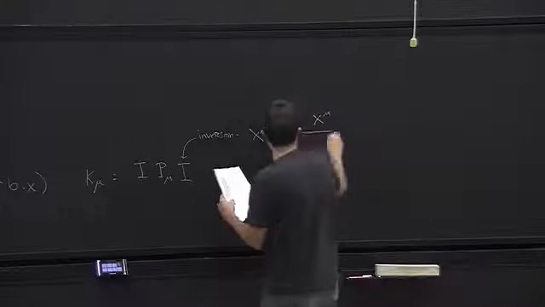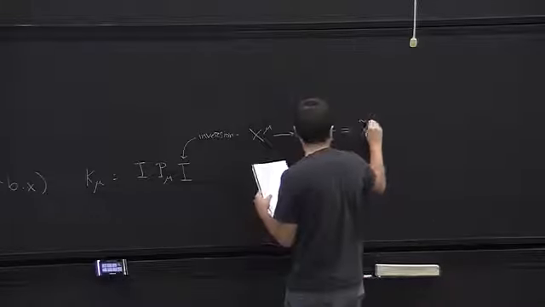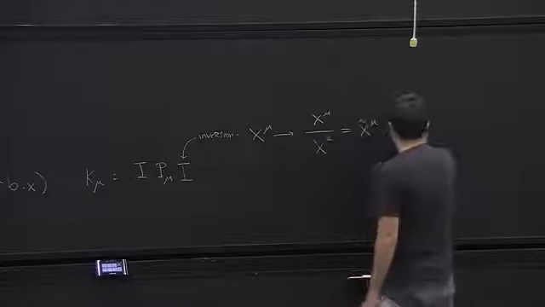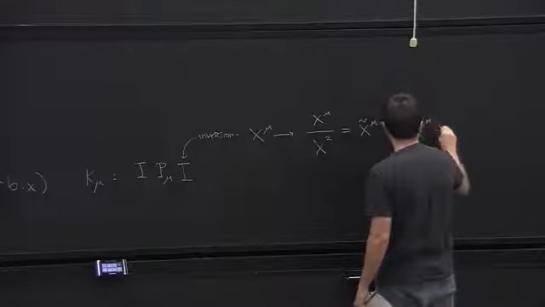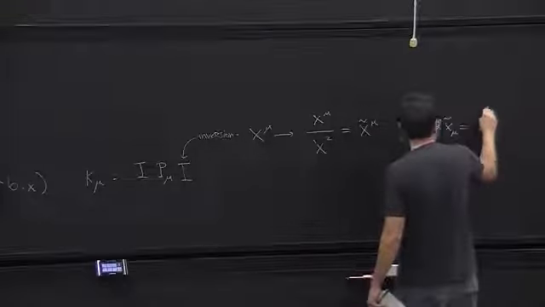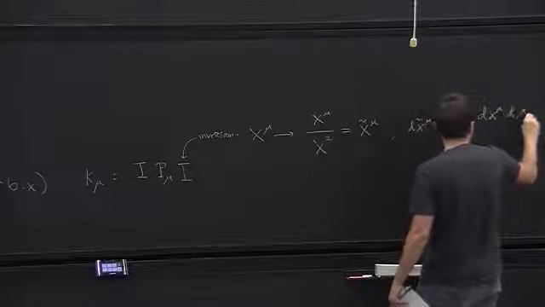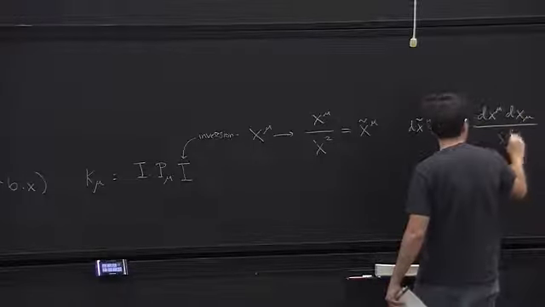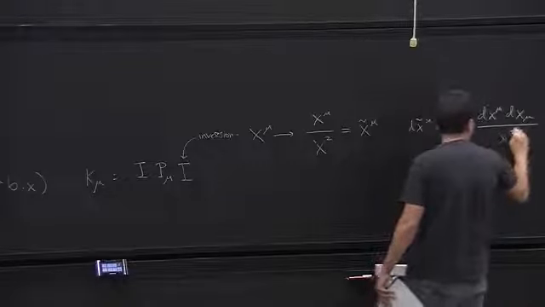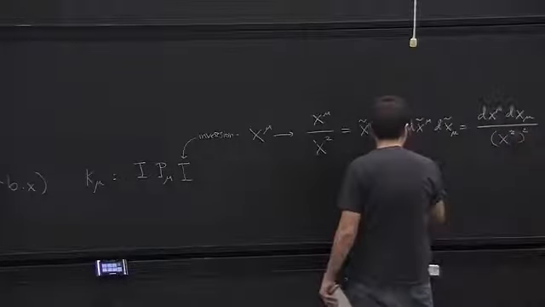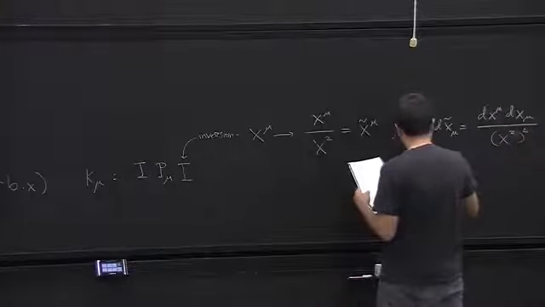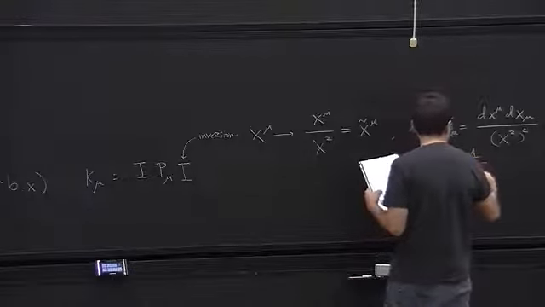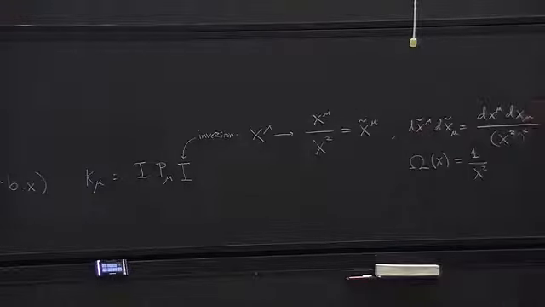Under an inversion, it's easy to see, if this is your x̃^μ, that dx̃^μ dx̃_μ is equal to dx^μ dx_μ over x⁴, or over x². So your ω(x) is just 1 over x². So it's a dilatation, but the amount by which locally it acts like a dilatation is where this is the weight.